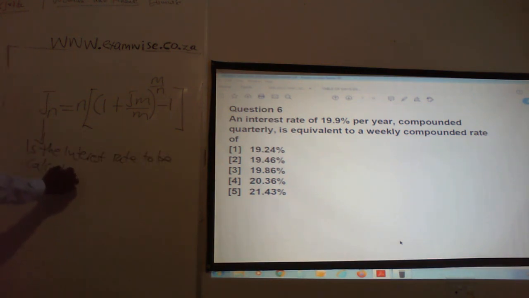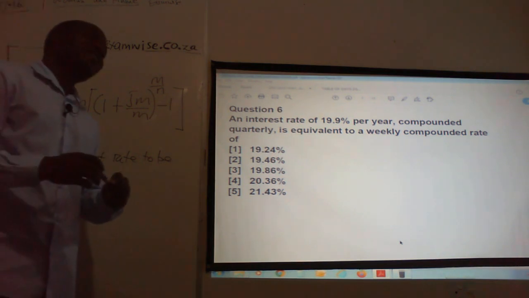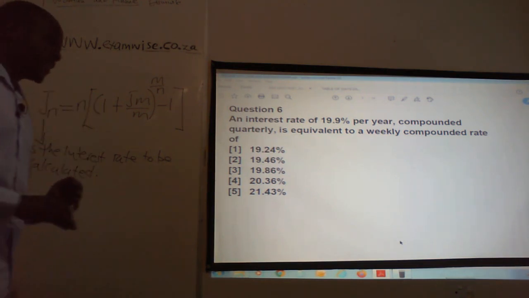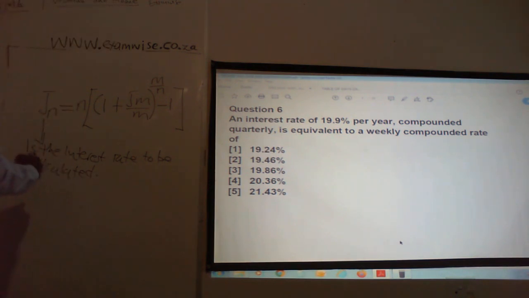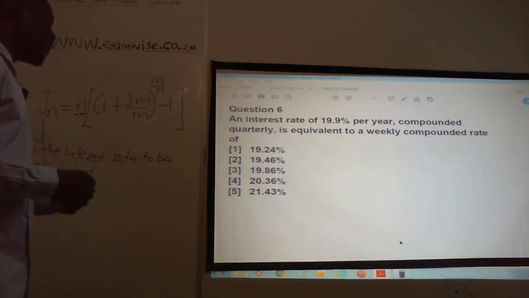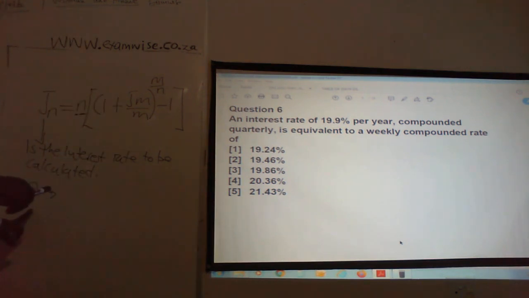In this case we need to calculate the weekly compounded rate, so Jn is our weekly compounded rate. Then we have n, which does not refer to the number of years, but to the number of compounding periods per annum associated with Jn.